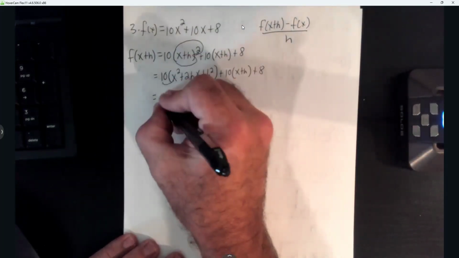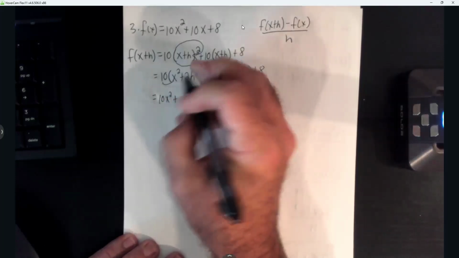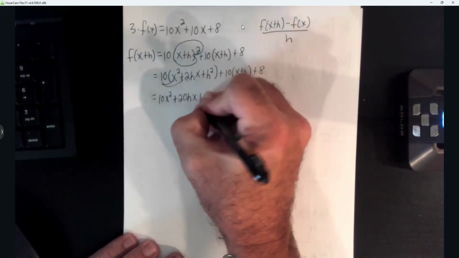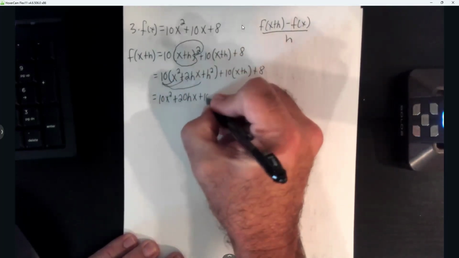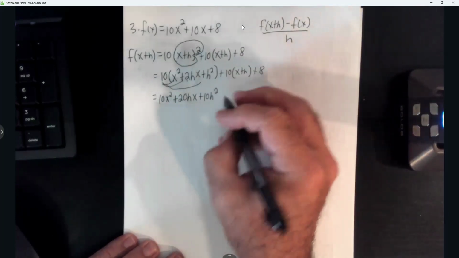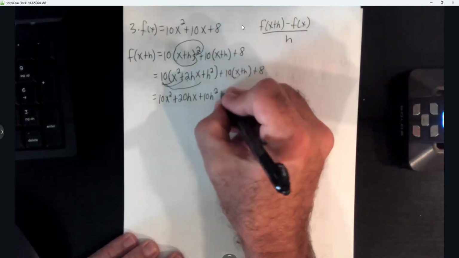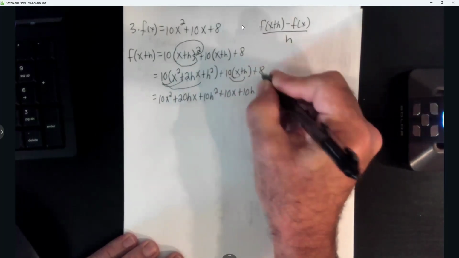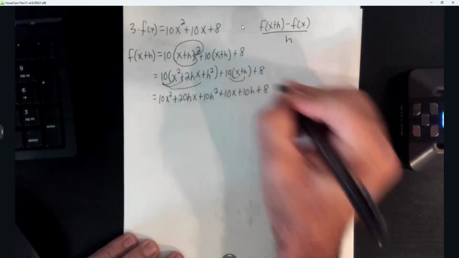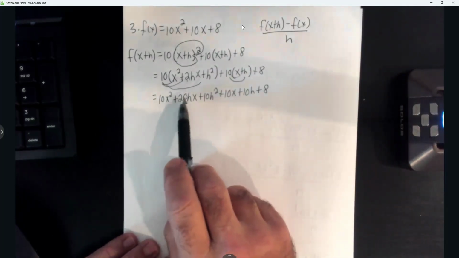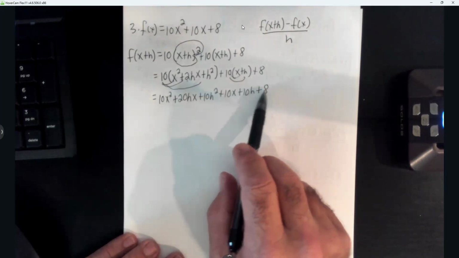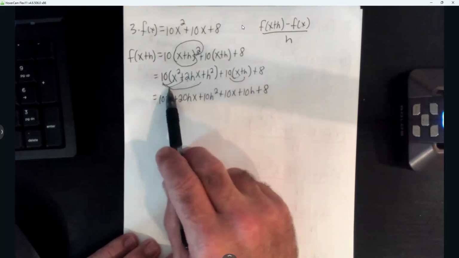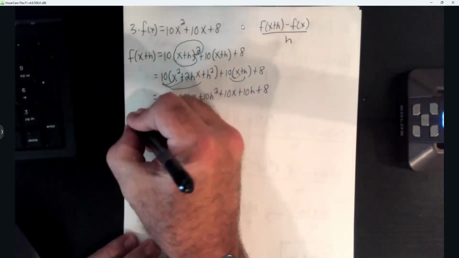So I'm going to get a 10x squared plus 10 times 2 is 20hx plus 10h squared. Then I'll distribute that 10 and get a 10x plus 10h. And at the end is a plus 8. So you're looking through here and guess what? There's no like terms. So this whole thing is f of x plus h.